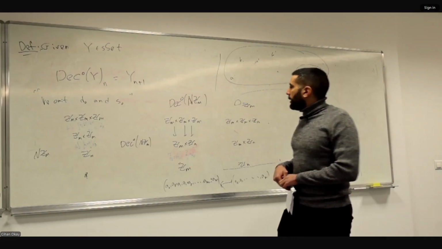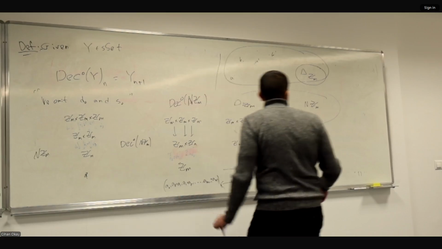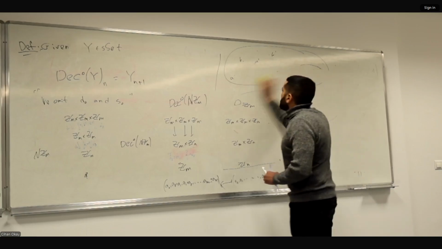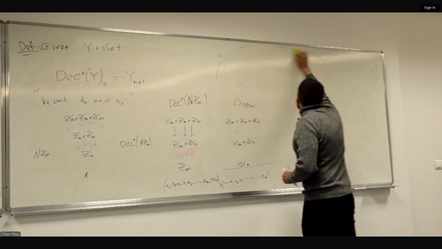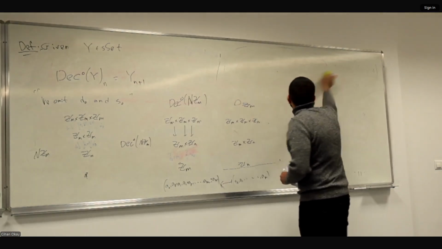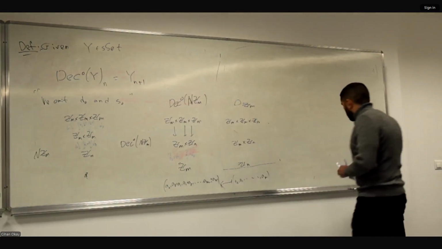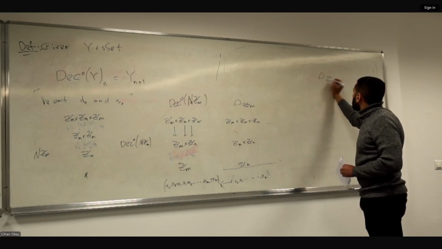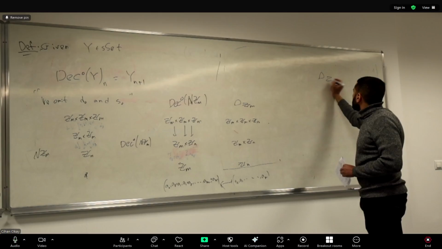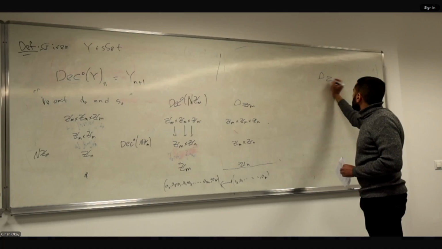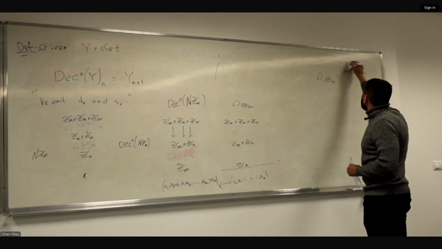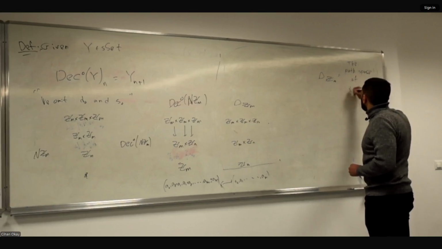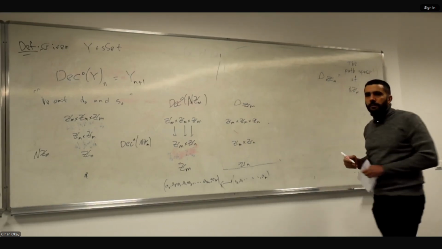So what we can say is that this delta of Zm plays the role of the path space of the nerve of Zm.